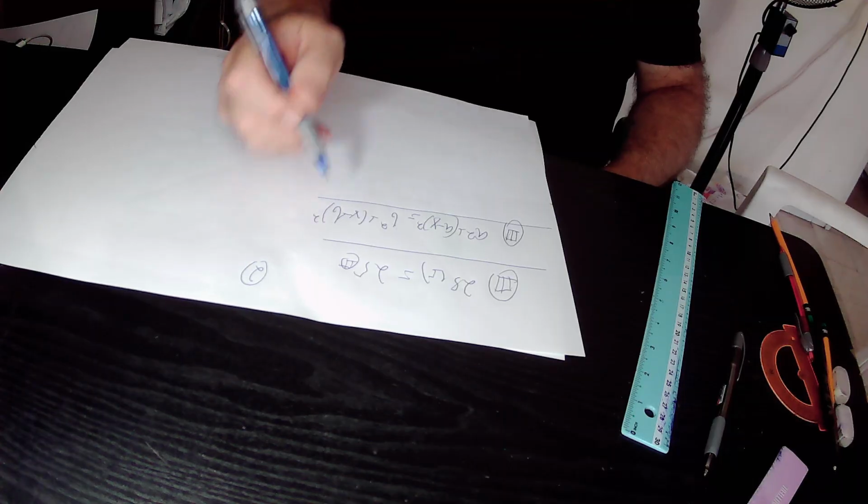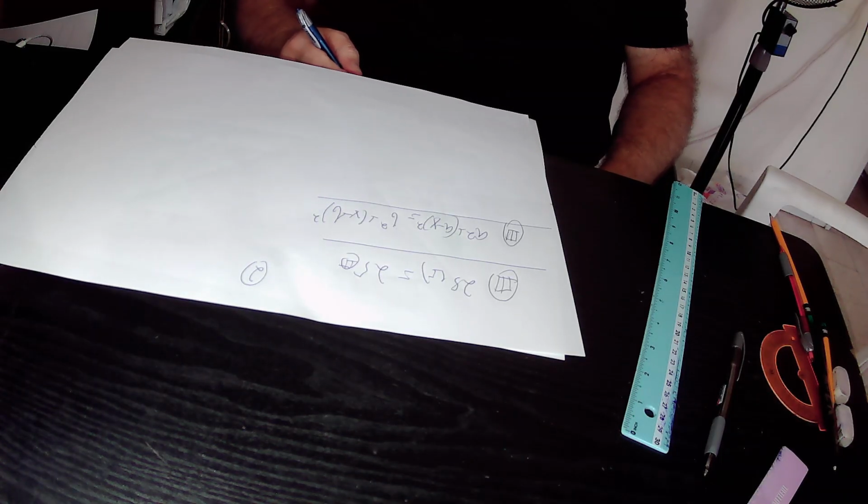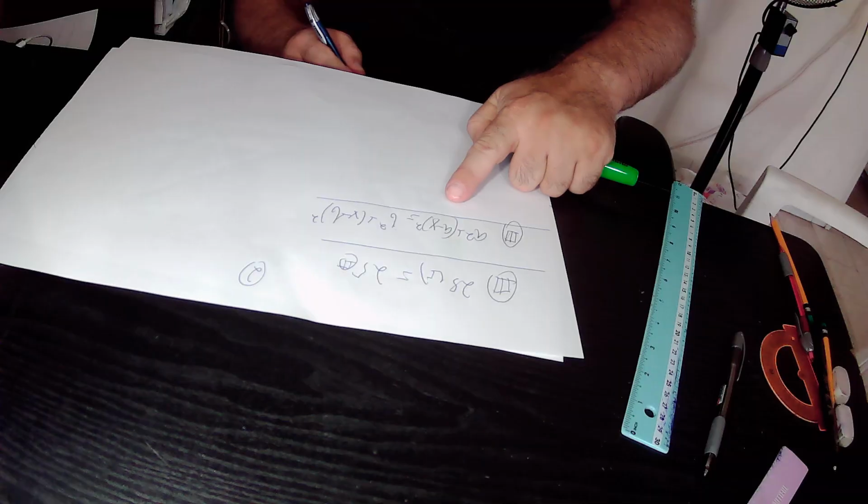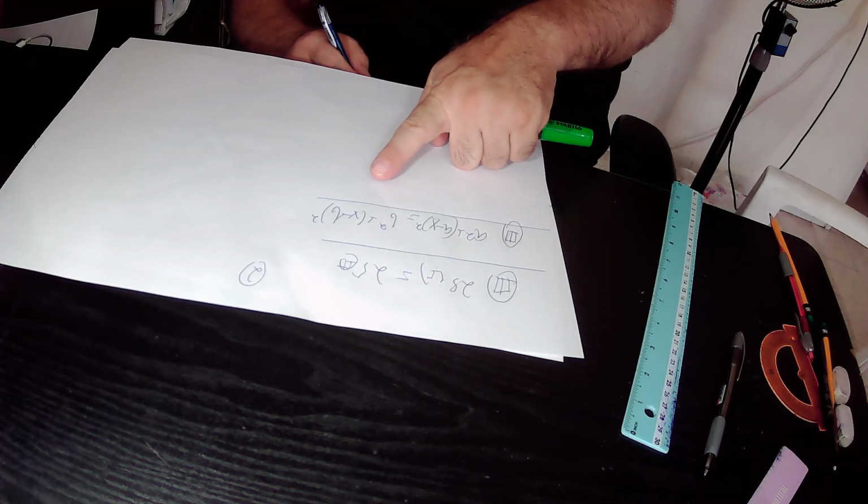So in total, according to equation 3, we found that A squared plus (A minus X) squared equals B squared plus (X plus B) squared.